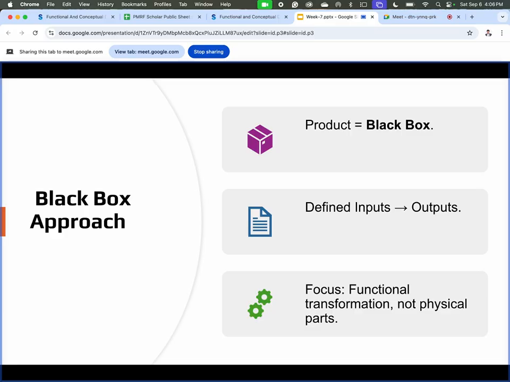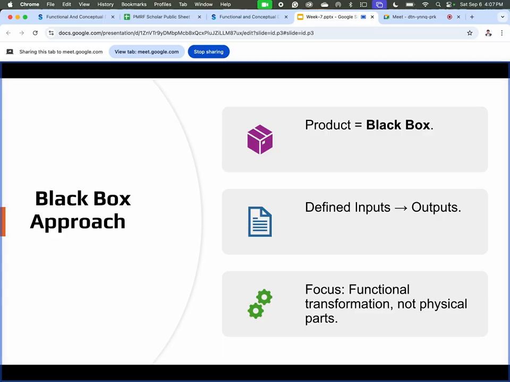We only care about what goes in and what comes out. It's a way to simplify the system while defining its boundaries clearly. By identifying inputs and outputs, we create a functional contract for the product.